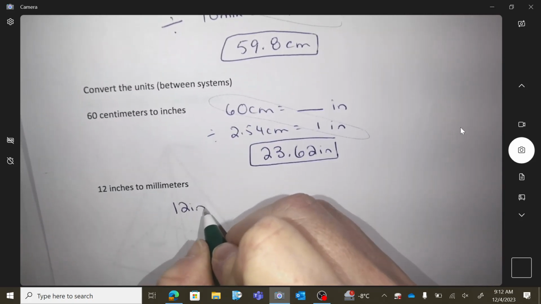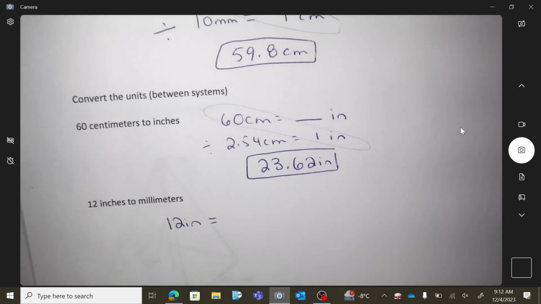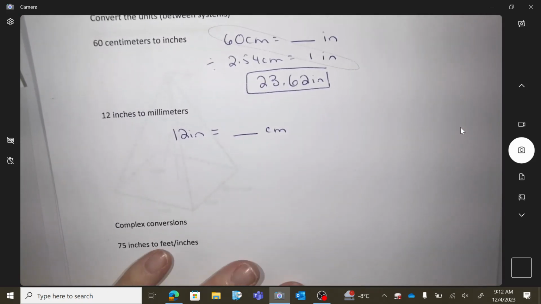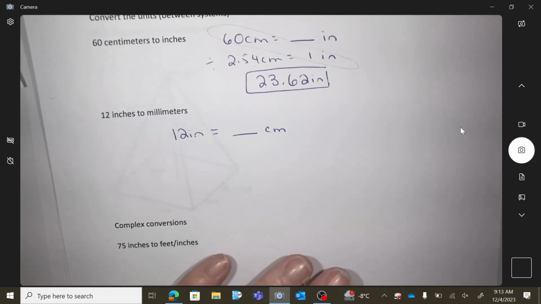Okay, so this one is inches to millimeters. I don't see any direct conversions. So we're going to go to centimeters. We're going to go inches to centimeters, and then we're going to have to go another level.